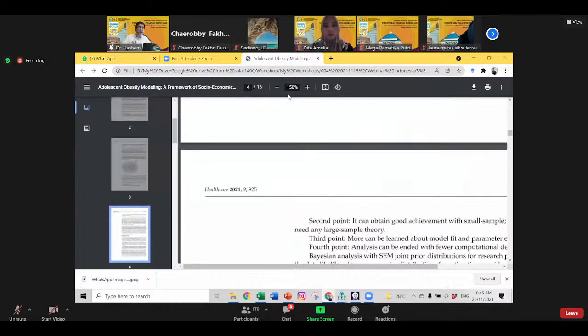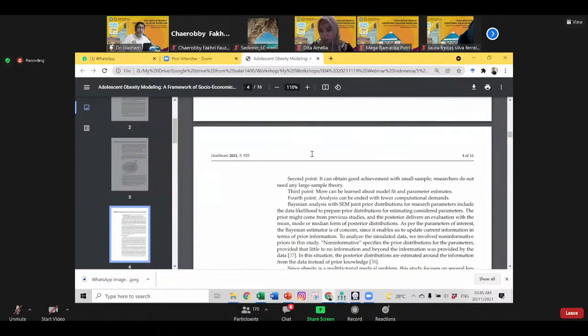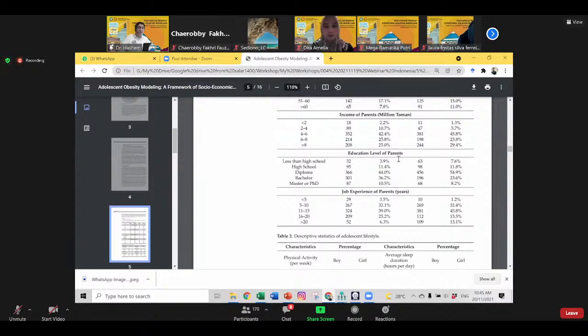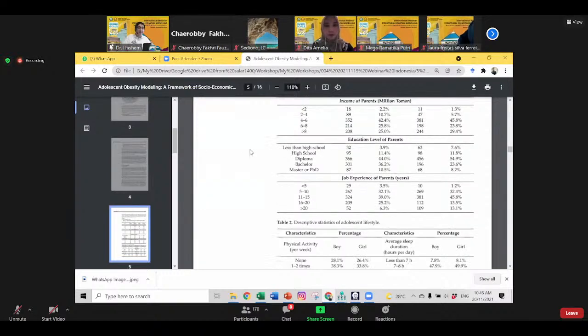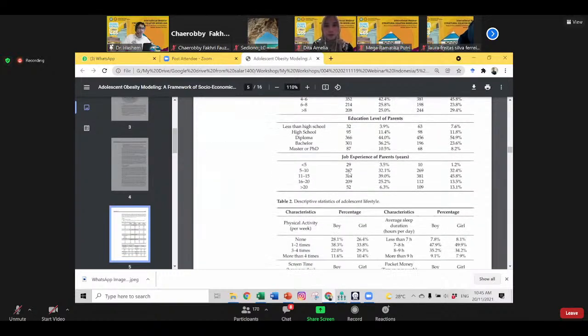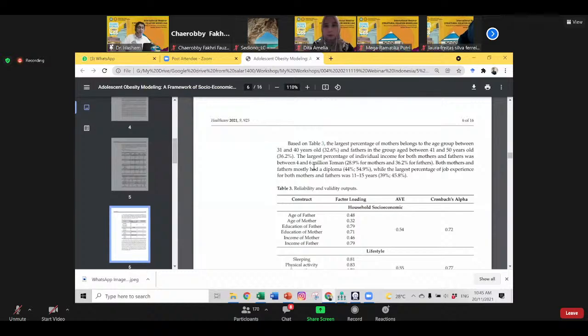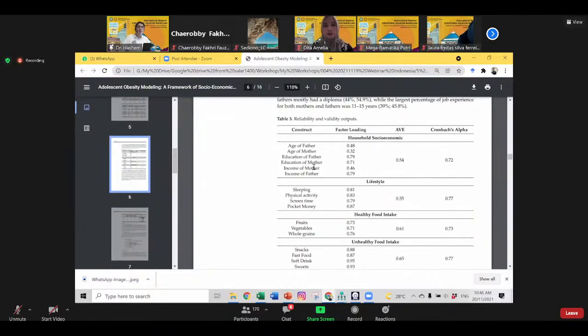And after that, you see the process of writing the paper: for the sampling, you see descriptive statistics, and then the factor loading, reliability and validity. You can read this paper, it's like a basic thing.